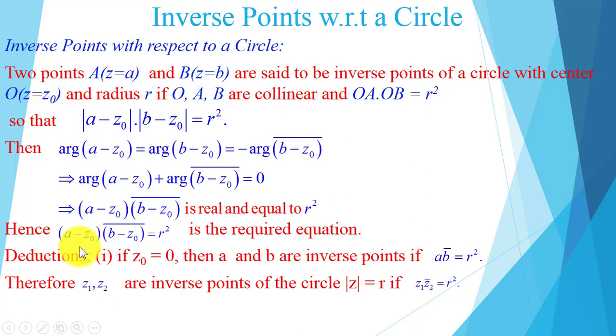Hence, (A minus z naught) times (B minus z naught) whole bar is equal to R square is the required equation. Deductions.